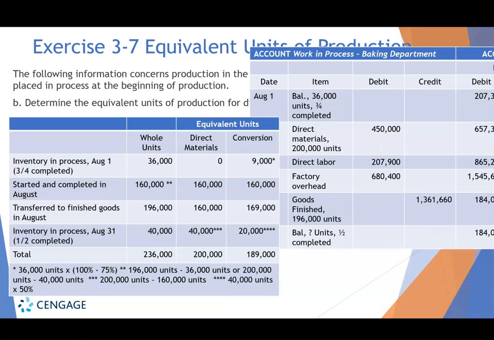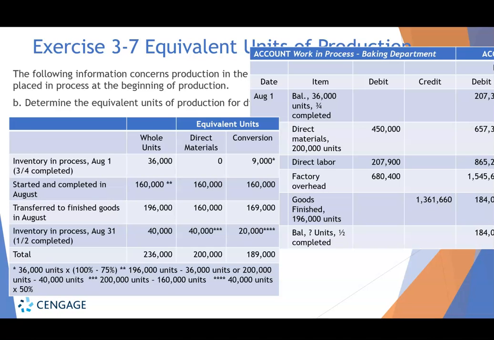Now, in terms of determining the equivalent units of production, we can see that we started with 36,000 units. In terms of material, they were added the month before, but in terms of conversion, if they were 75% completed, then that means during this period, we had to add 25%.